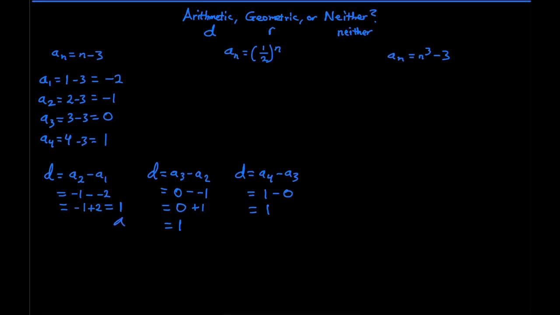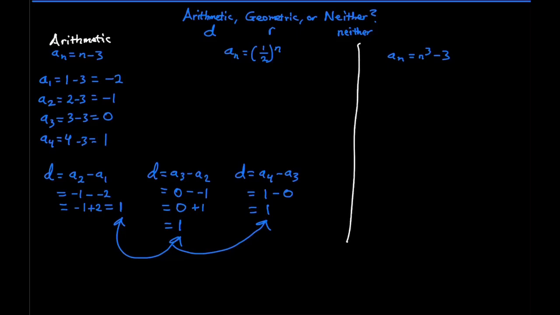So here we have a common difference. That's enough to know that this first one is arithmetic, because it has a common difference. We don't have to check. It's definitely not going to be neither, because it's one of them, and it won't have a common ratio.